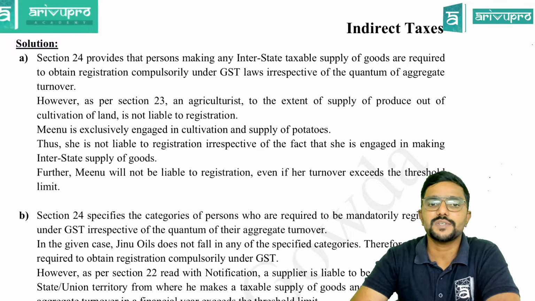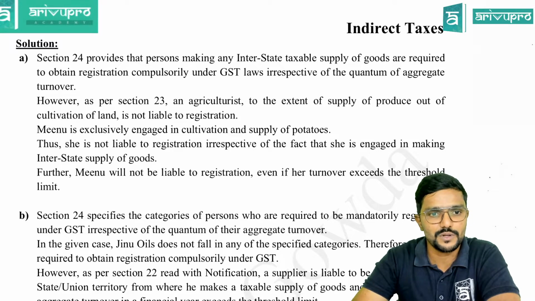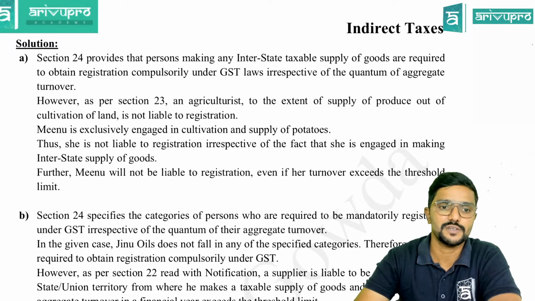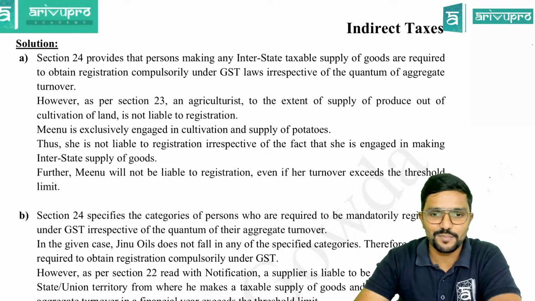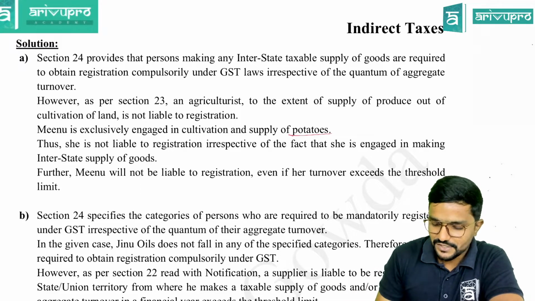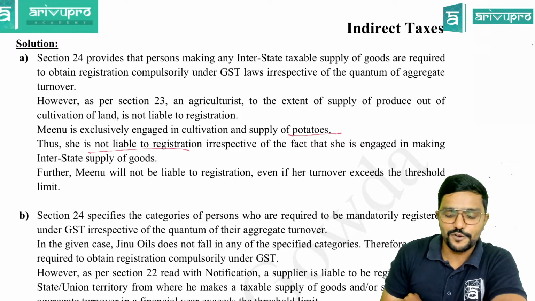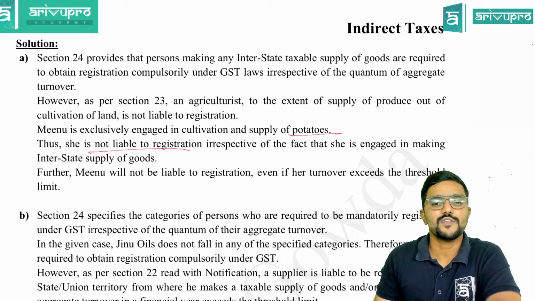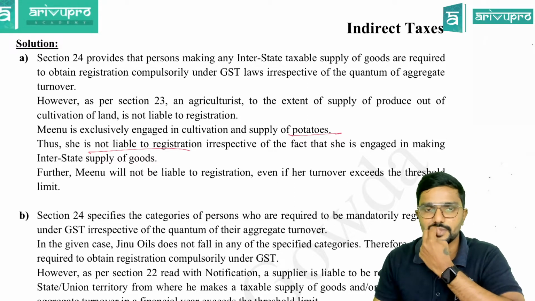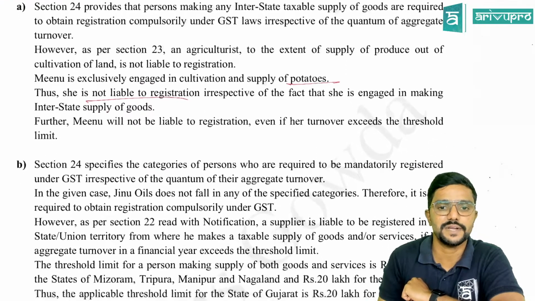However, as per section 23, an agriculturist to the extent of supply of produce out of cultivation of land is not liable to registration. Meenu is exclusively engaged in cultivation and supply of potatoes. So she is doing agriculture. Thus she is not liable for registration irrespective of the fact that she is making interstate supply of goods, guys, because exemption is given in section 23.